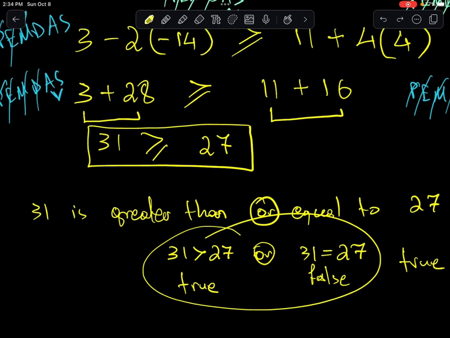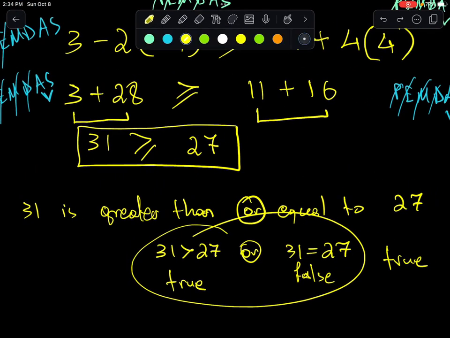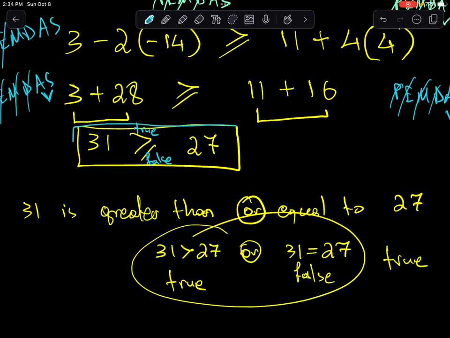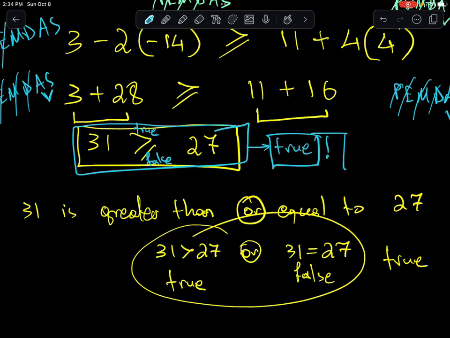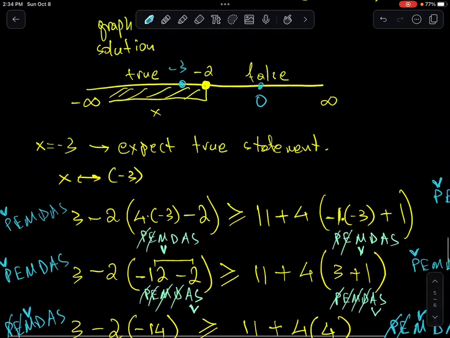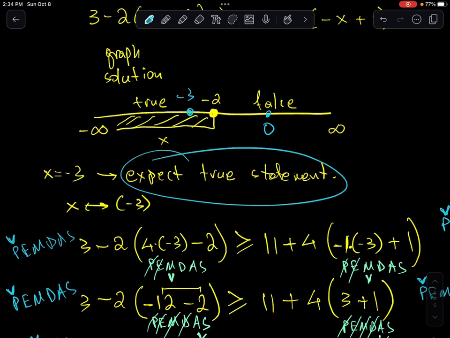So if we look at the conclusion, the inequality is true, the equality is false, but the whole thing, because at least one of them is true, is true. And this is what I expected to find.